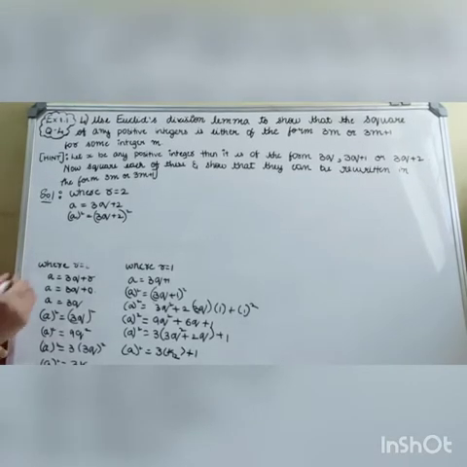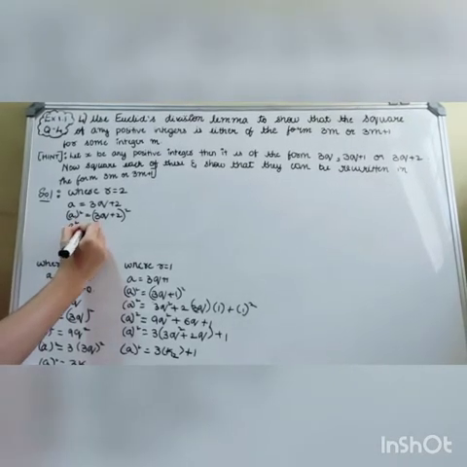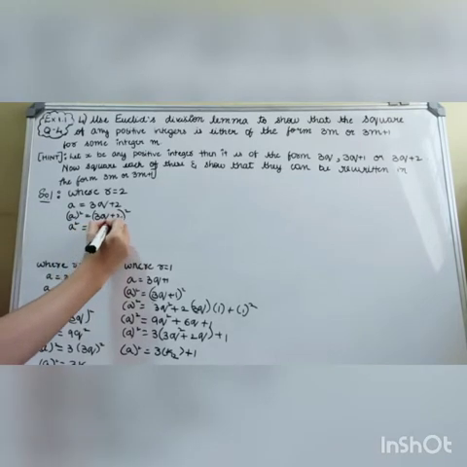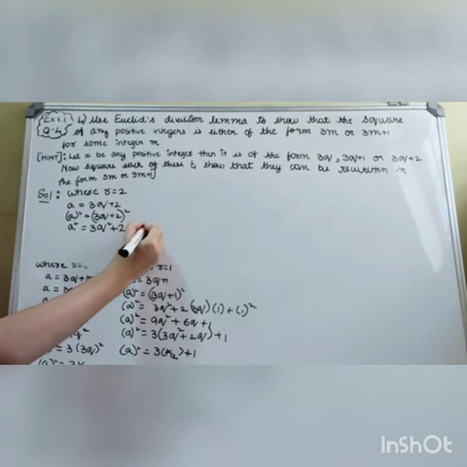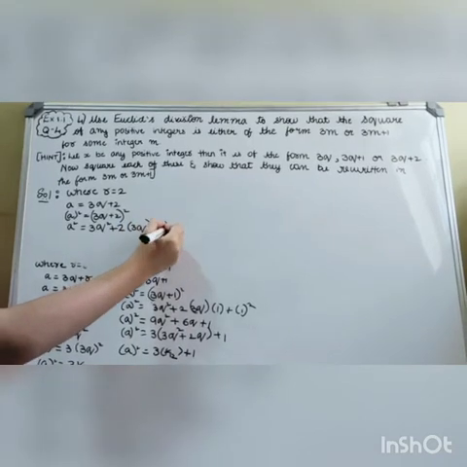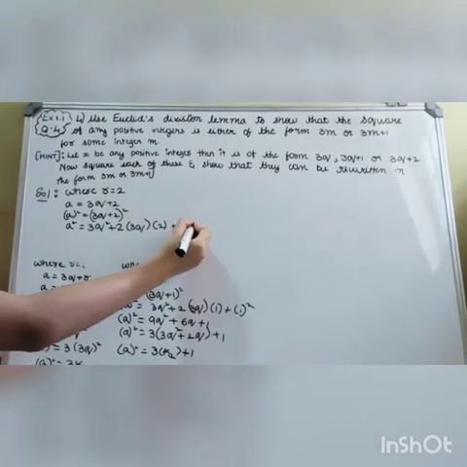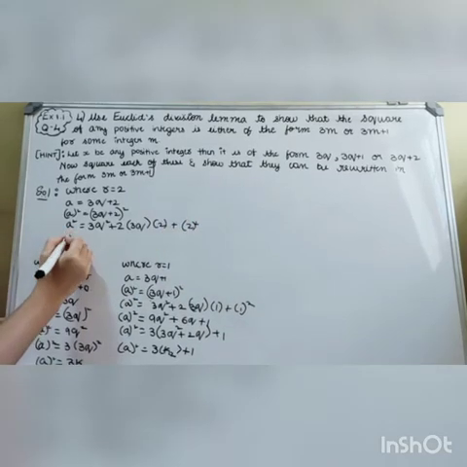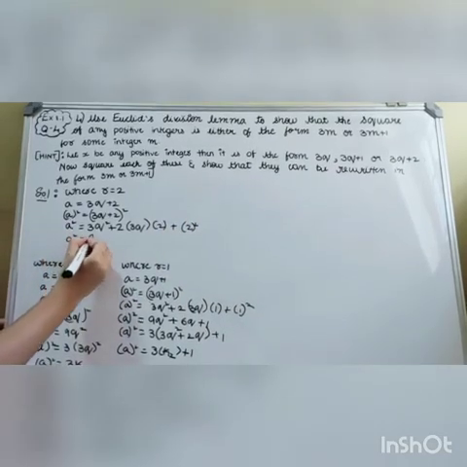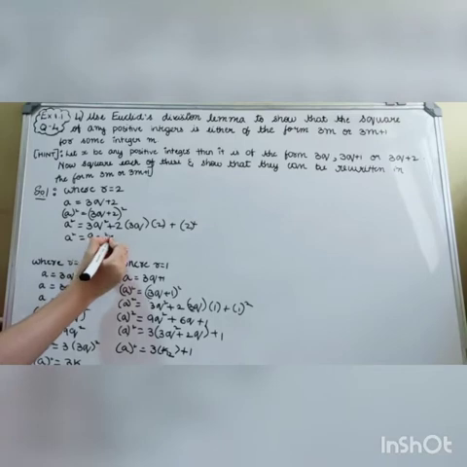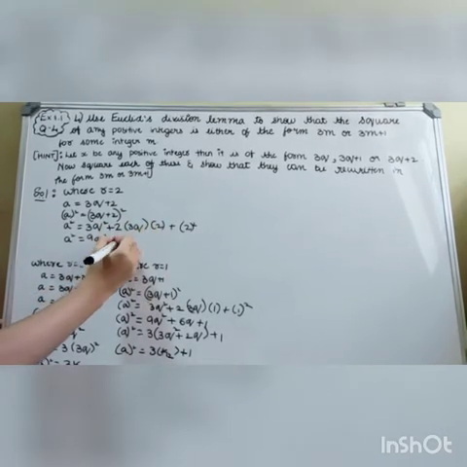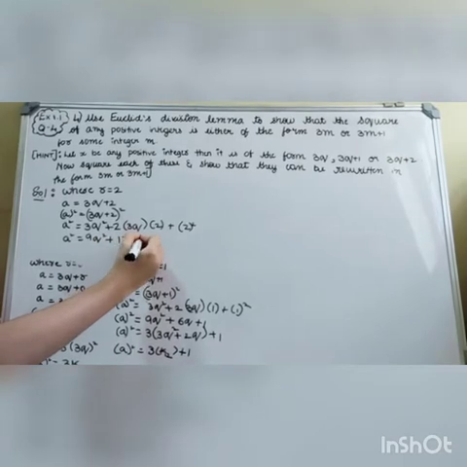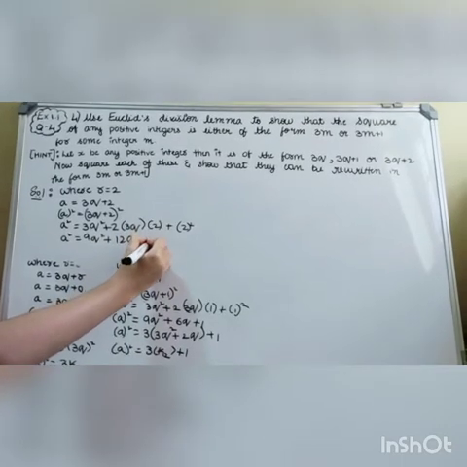So we can write this as (3q) square plus 2 times 3q times 2 plus 2 square. Now 3 square is 9q square, and 3 2s is 6, 6 2s is 12. So here 12q plus 4.